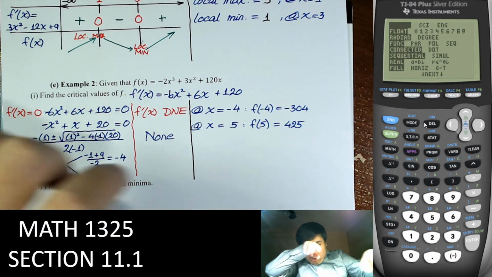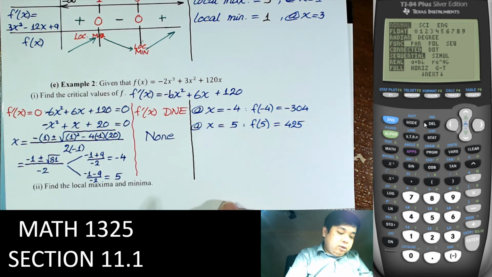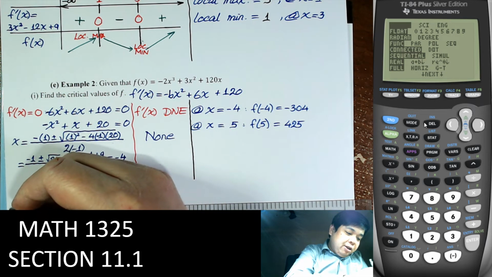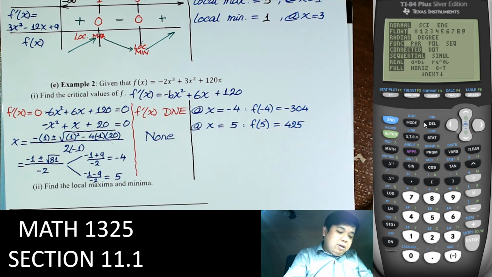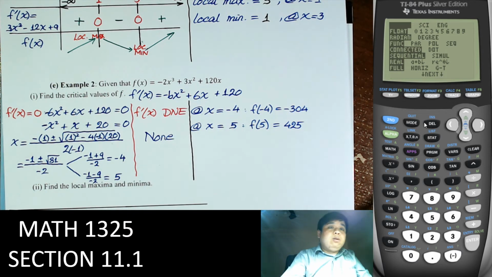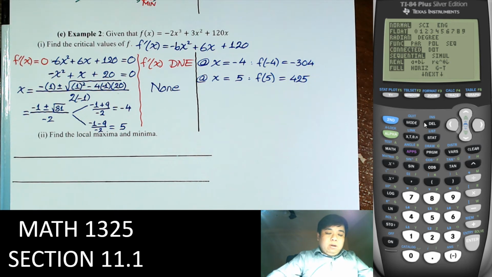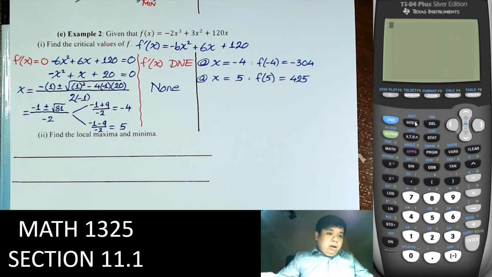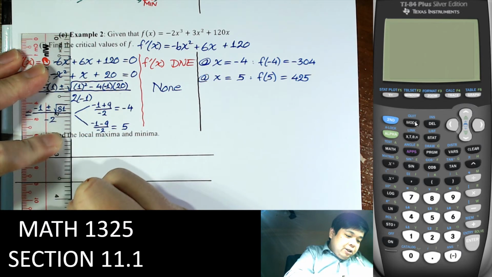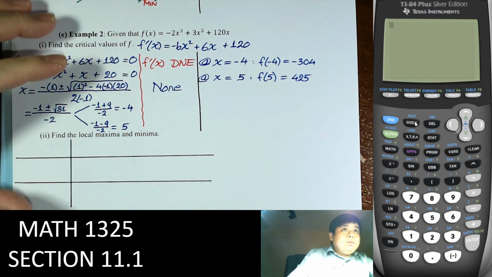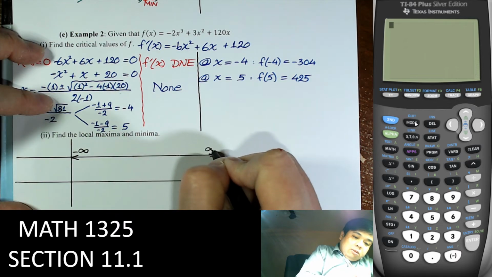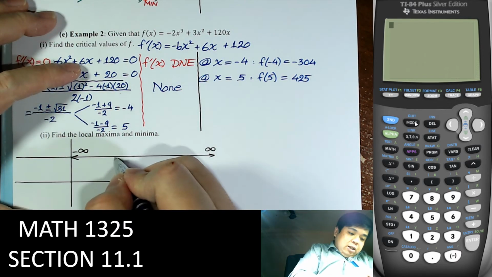Right. Next, for the local max and local min, we need the sign chart. Right, -4, 5.